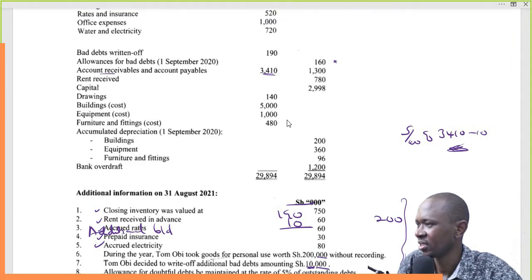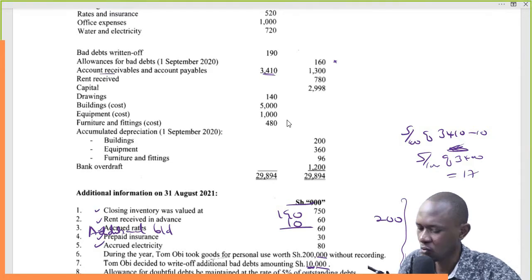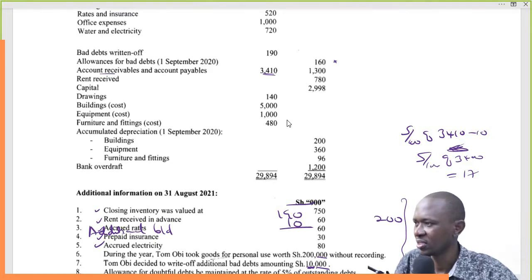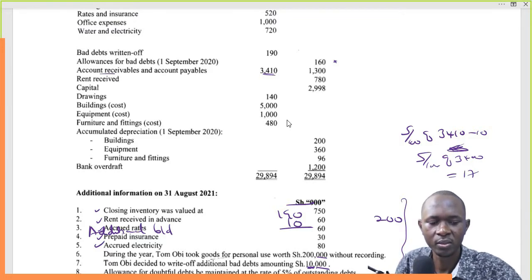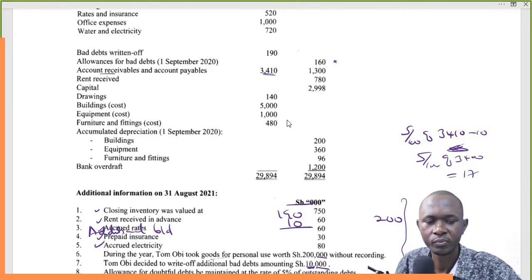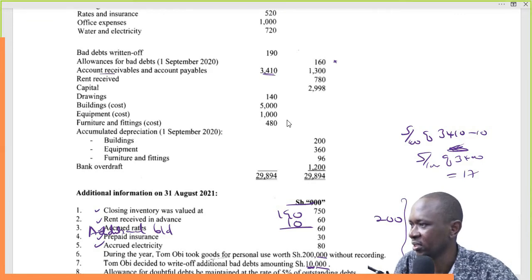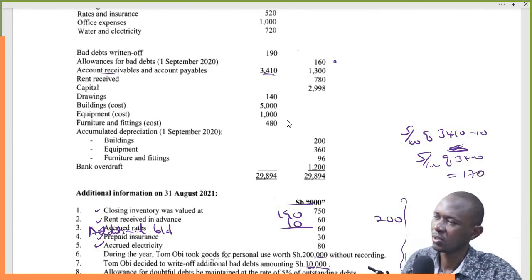So we'll have 5% of 3,400. Let me just get 0.05 times 3,400. That gives us 170. Good.